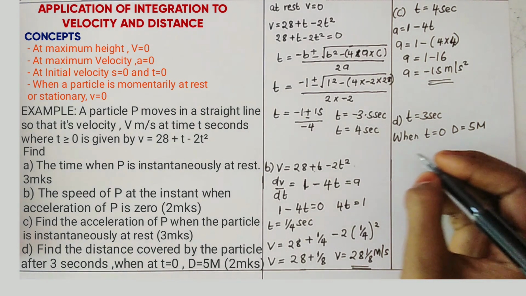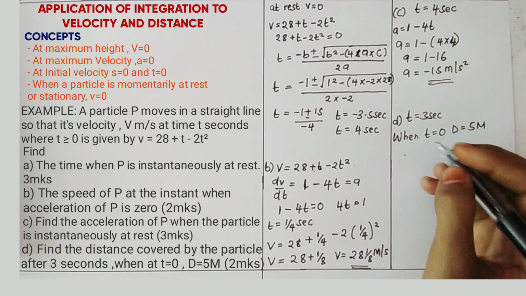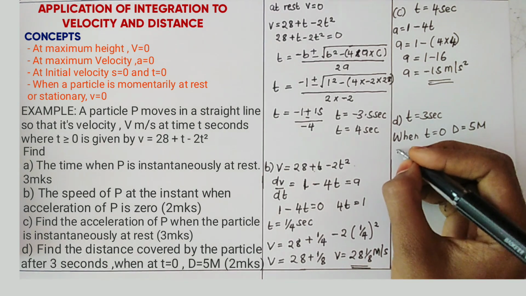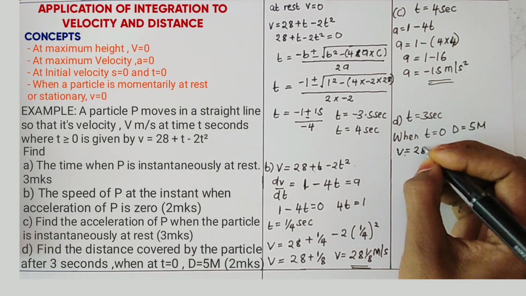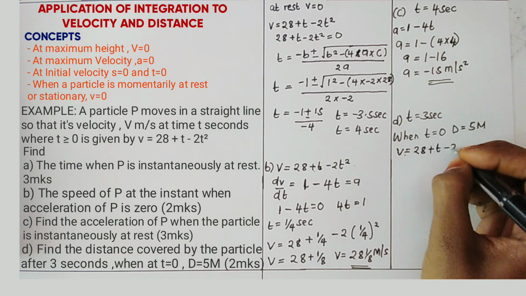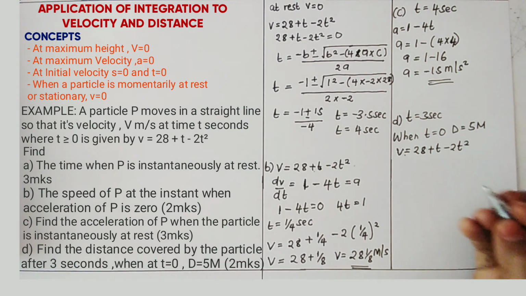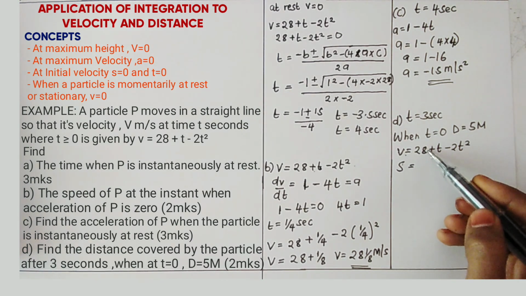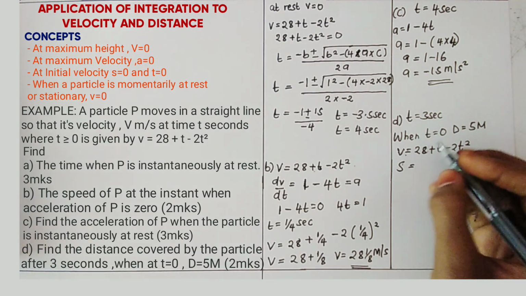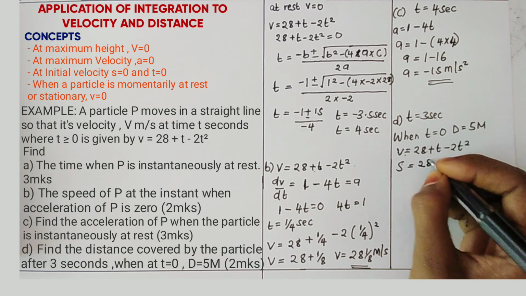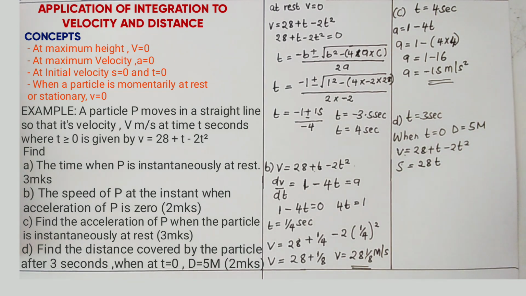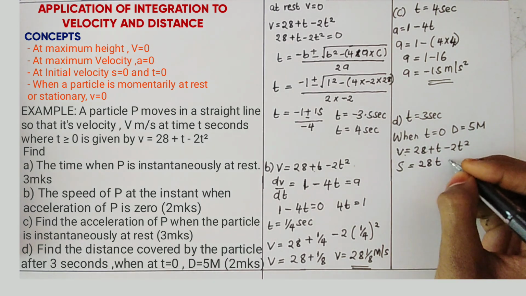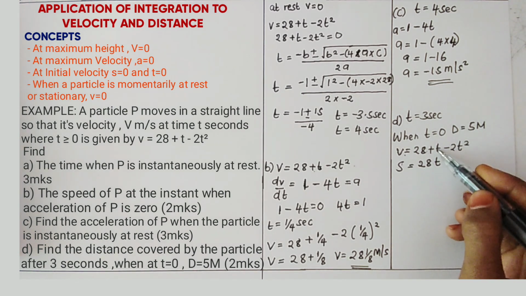So I say distance is when you integrate velocity, but I already have velocity. The velocity is 28 plus t minus 2t squared, right? So I need to find my distance. So I say distance, I integrate velocity. So I introduce a t here. That is power of 1, 28t. So 28t divided by 1, that is just 28t plus, I have a t, right?